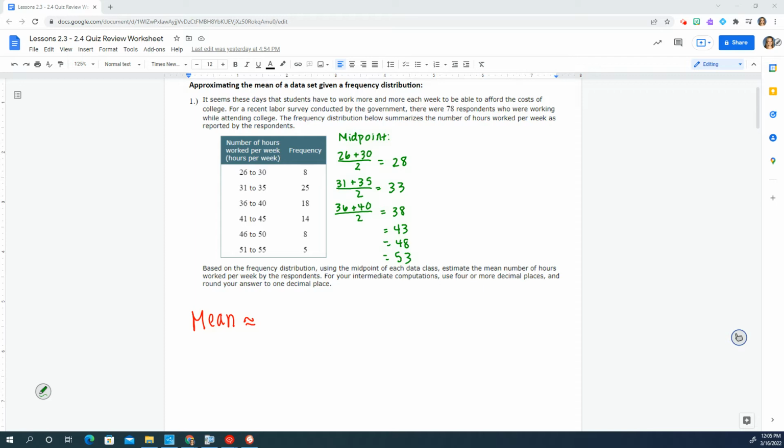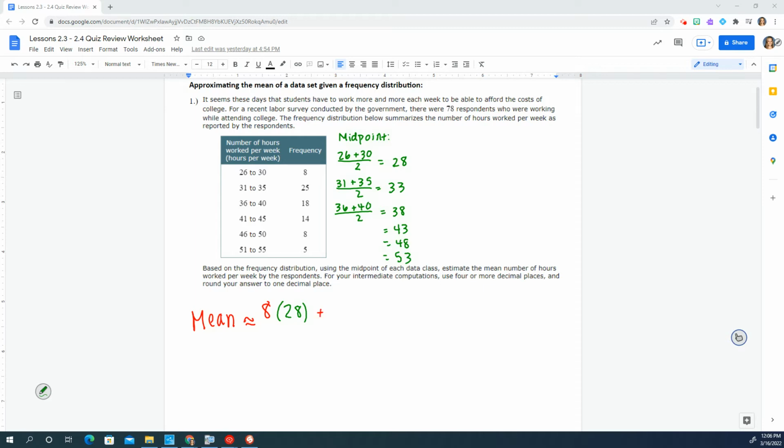All right, so yes, we're using the number 28 for the first interval, but how many people actually said 28? 8 of them. So you have to multiply that by 8, unless you want to write out 28 plus 28 plus 28 plus 28 plus 28 plus 28 plus 28 plus 28. You don't want to do that, right? Write it out 8 times. If you had 8 people that said that was on average how many hours they worked, 8 of them.